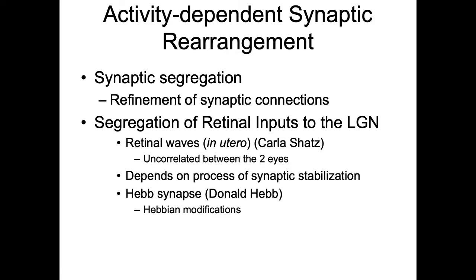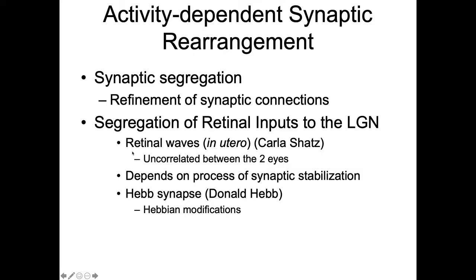So, synaptic segregation is this idea of a refinement of synaptic connections that is occurring. And there are a couple of things that help to do this kind of segregation. We're going to be looking at how the retina talks to the lateral geniculate nucleus, and then ultimately how the LGN talks to the striate cortex, the visual cortex.